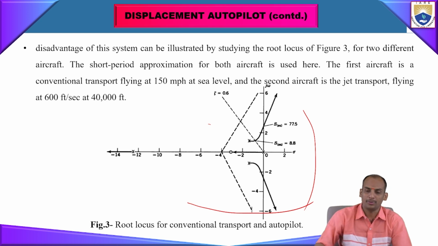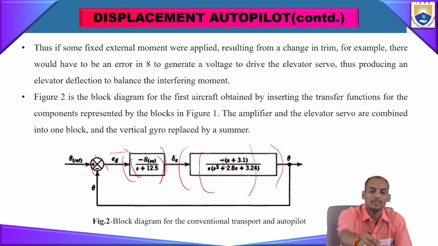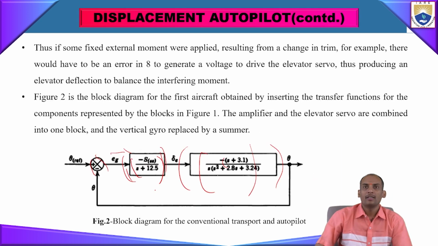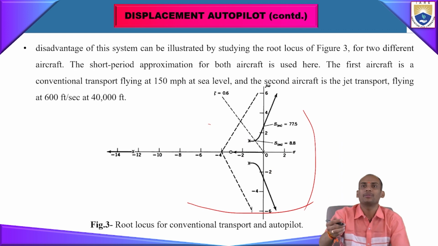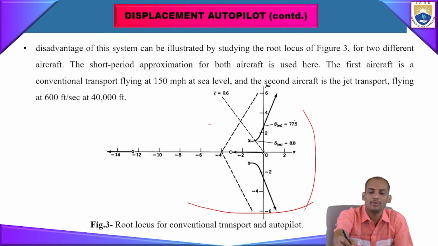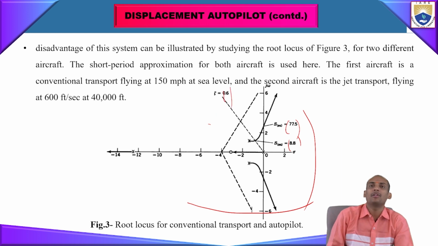Here it is in terms of S and CG. If you give different values for S, such as 77.5 and 8.8, and solve, we get zeta and omega NP. Zeta will be the short period approximation, and omega NP will be the Phugoid mode approximation.